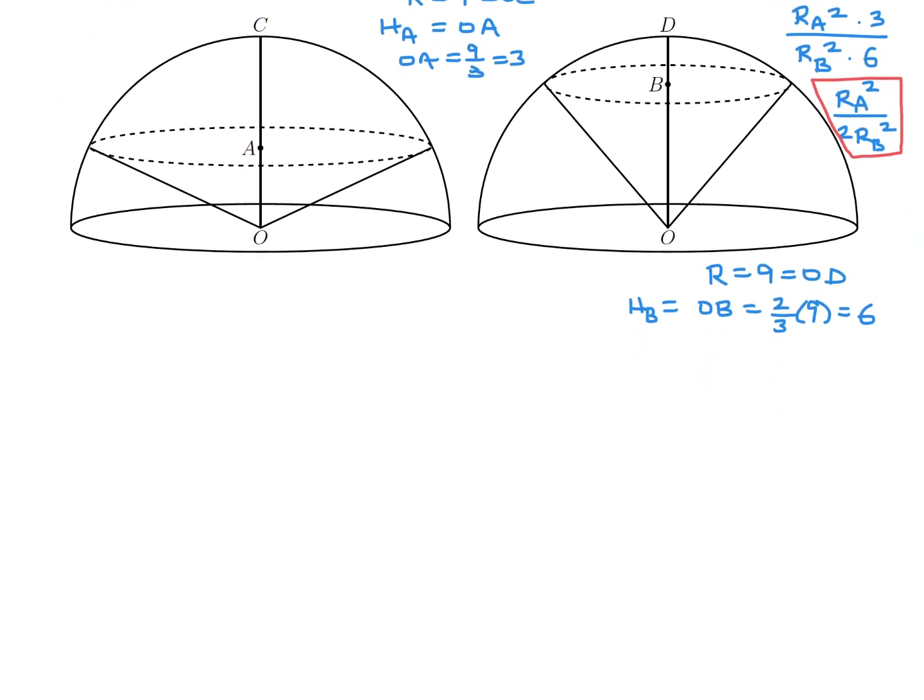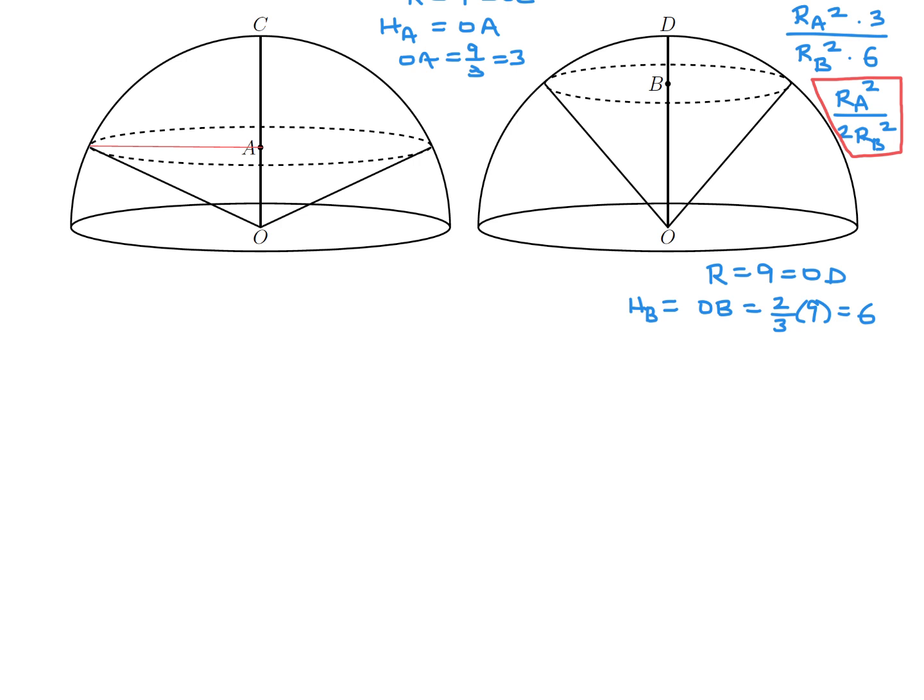Now I'm definitely going to need space. Okay, so let's think about this here. I'm going to draw a line. I will draw it from A to the edge there, like that.